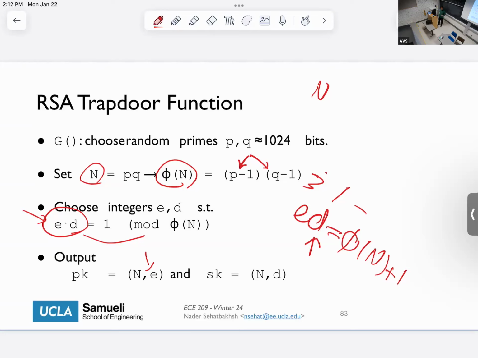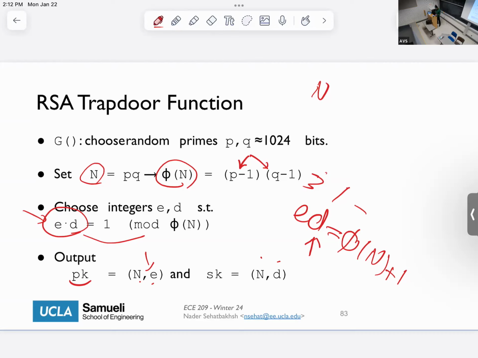Different numbers work. Then for d, we iterate through the numbers from 1 all the way up, until we find a d that satisfies this equation. So now we have e and d. Then we build our keys this way: the public key is n and e, and the secret key is n and d. In other words, we keep d and we share e.